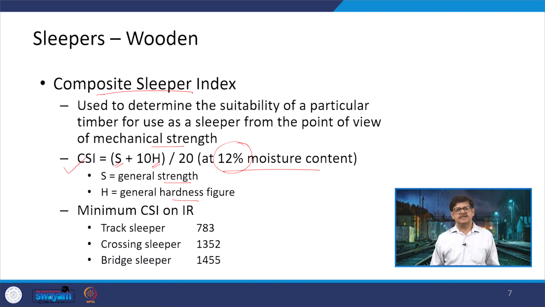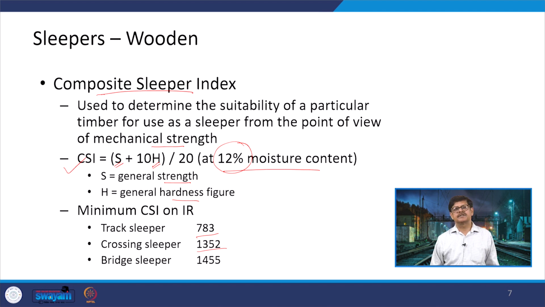Now, the minimum CSI values for the Indian Railways have been defined with respect to where this particular sleeper has been used. It can be a track sleeper. When we say track sleeper, it means we are talking about a normal track. In that case, the value can be 783. But if it is being used as a crossing, then it increases to almost double, that is 1352.